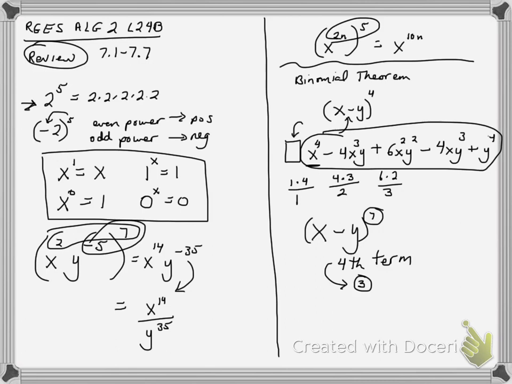The first thing I'm going to do is identify the 3, 1 down from the 4th term. So I'm going to identify that 3 as my exponent for the y term. I'm going to identify my exponent for the x term as whatever I would add to 3 to get the exponent. So to get the 7, I would have to add that.